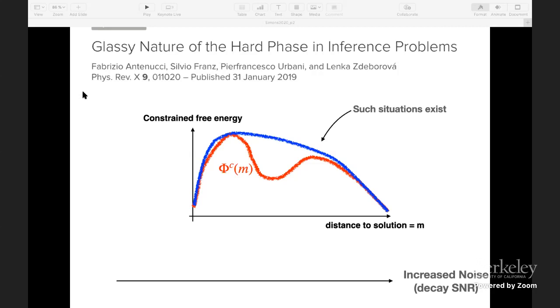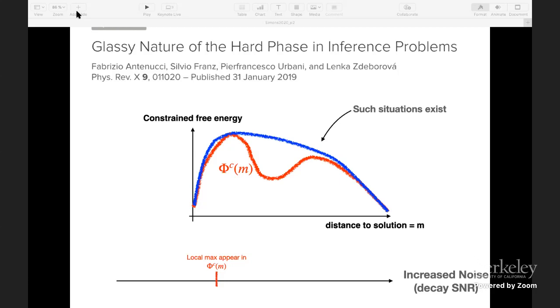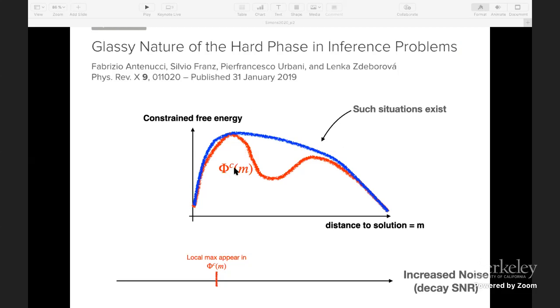But if I understand correctly, the constrained free energy is always a lower bound to the replica symmetric energy. Is this true? Sometimes I work with log Z and sometimes minus log Z, but okay, it gives one side.